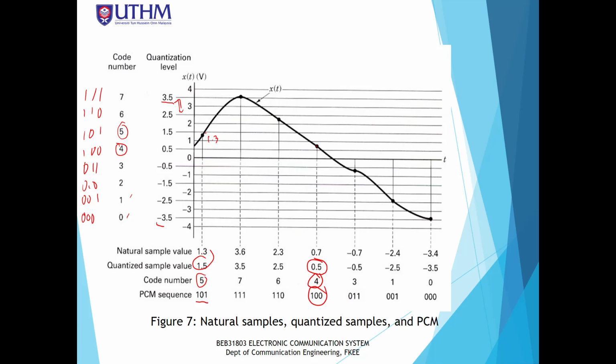Okay, so contoh di sini adalah negative 3.4, and then you quantize, you round it up to the nearest negative 3.5. So this is assigned with a 0, and the code word is 000. So setiap ini adalah code word ataupun dipanggil sebagai simbol. Okay, satu simbol, dua simbol, simbol pertama, kedua, ketiga dan seterusnya.